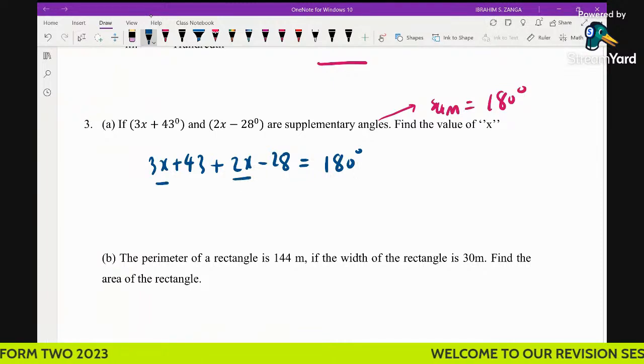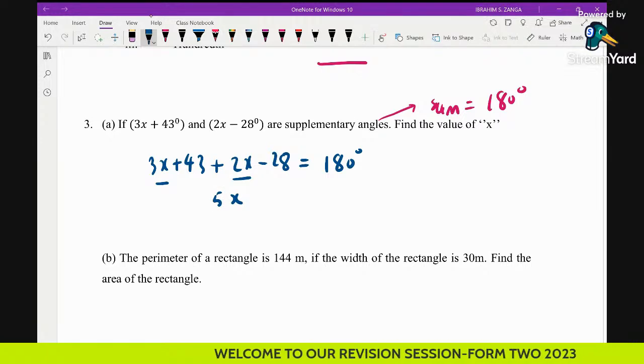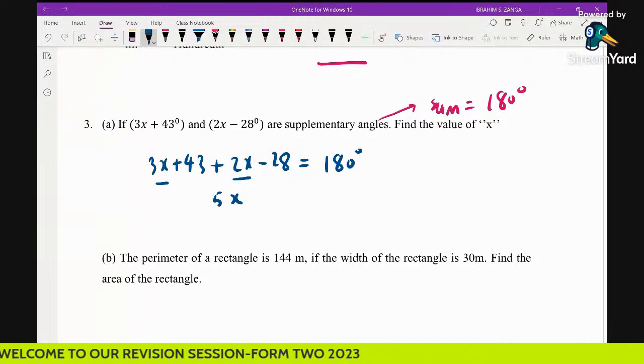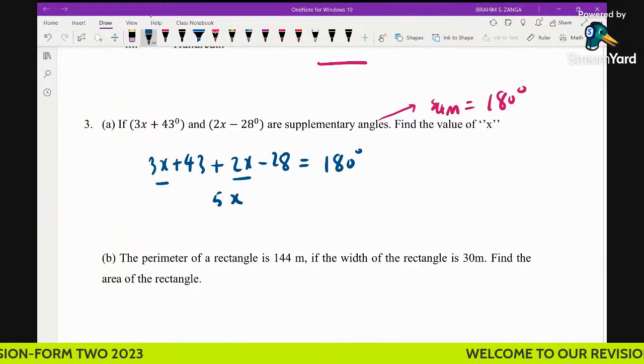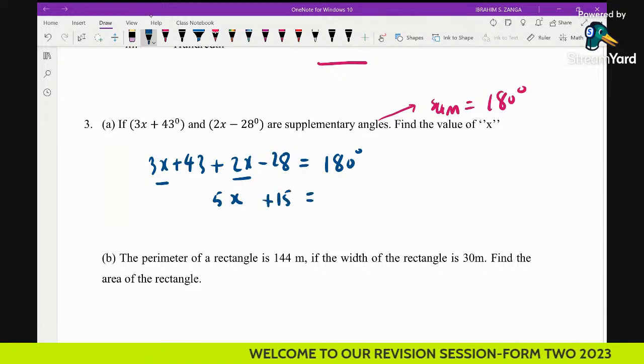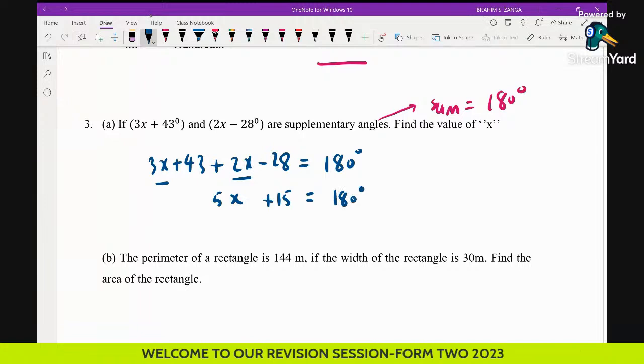3x plus 2x, you get 5x. 43 minus 28, you get positive 15. So you have 5x plus 15 equals 180 degrees.